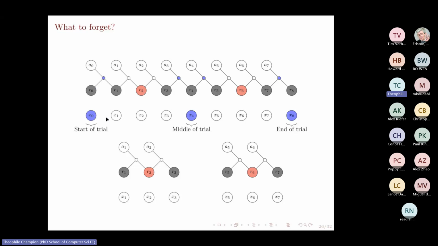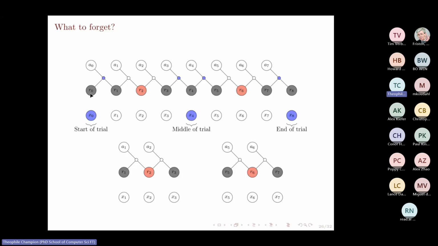Now, in order to understand what we can forget and what we should keep, we need to imagine what would happen if we were to lose this data point. If you lose this data point, then you won't be able to use the perception model to compute the responsibilities anymore. So you will lose the ability to compute R0.